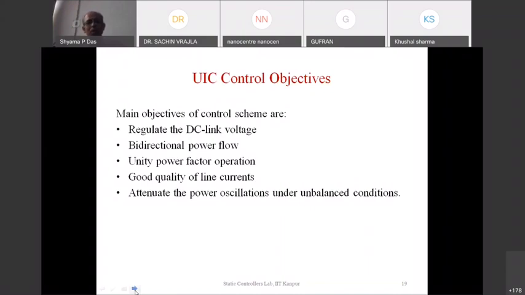So by using the correct transformation, we can transform the grid voltages into the positive sequence component and negative sequence component. So the main control objectives of utility interface converters are the following. We have to regulate the DC link voltage, which is the microgrid voltage. The power flow can be bidirectional, depending on whether the microgrid has surplus power or the microgrid needs power.